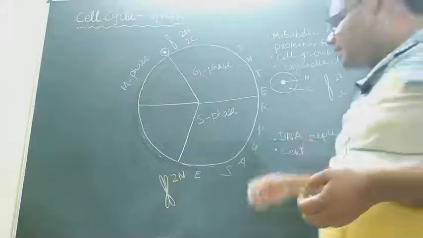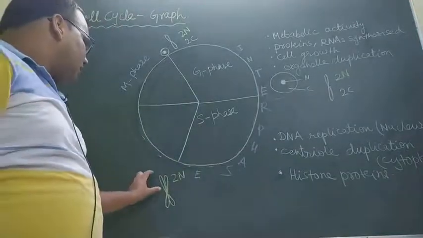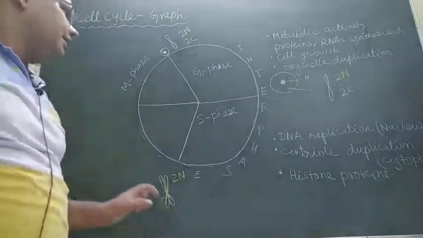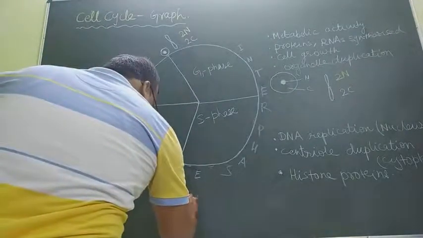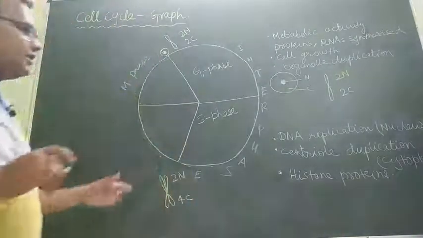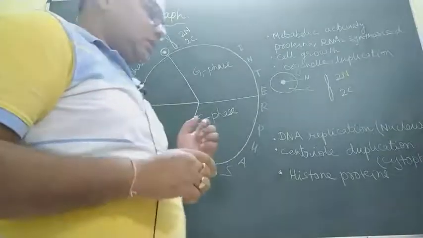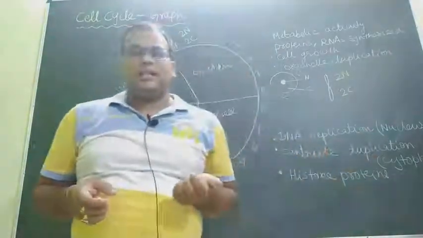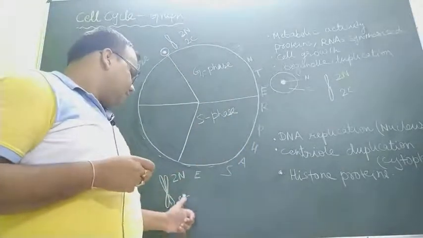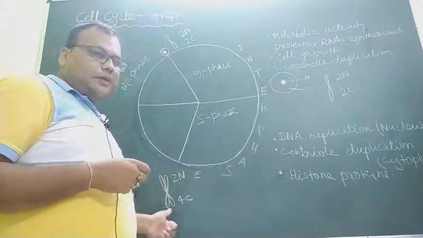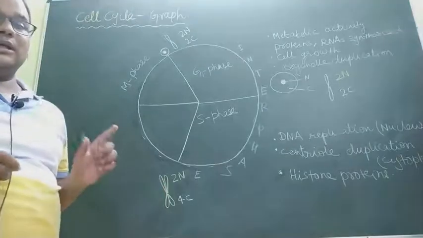But just after DNA replication or DNA synthesis, the amount of DNA has doubled, and it can be represented as 4C. So it is a very important point if we have to study cell cycle or cell division, that prior to division its DNA content is doubled but the chromosome number remains the same.